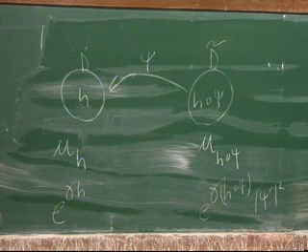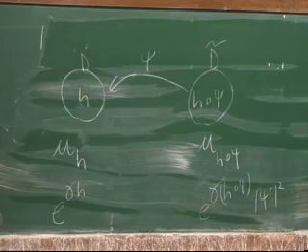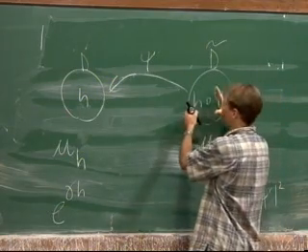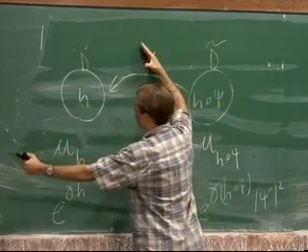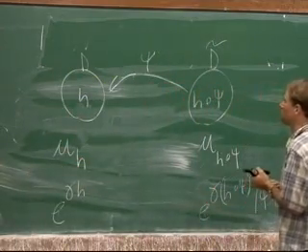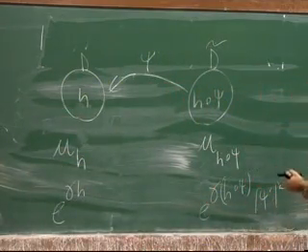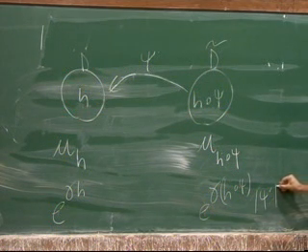Did I get that right? I always get these signs wrong. So if psi is stretching things out by a factor of 2, then maybe I want to divide. Maybe I want to take this to the minus 2. Does that look right?